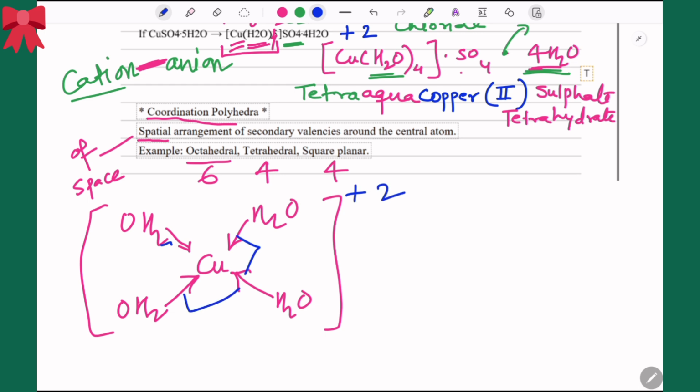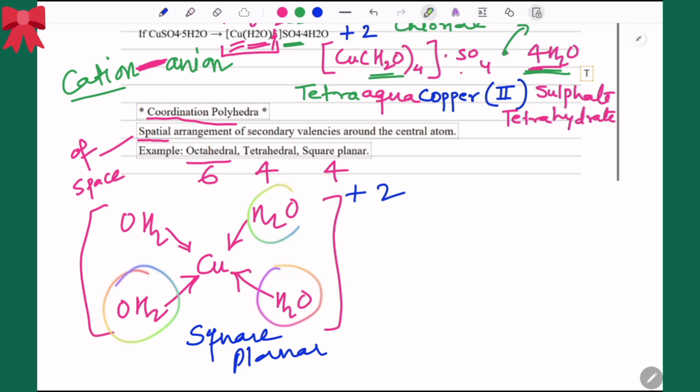This is 90 degree. This is 90 degree. This is 90 degree. So everywhere it is 90 degree. So that is why this is going to be called as the square planar polyhedron or square planar geometry. So for coordination number 4, that means whenever you have 4 secondary valencies like 1, 2, 3 and 4, then that kind of thing will be called as the square planar.